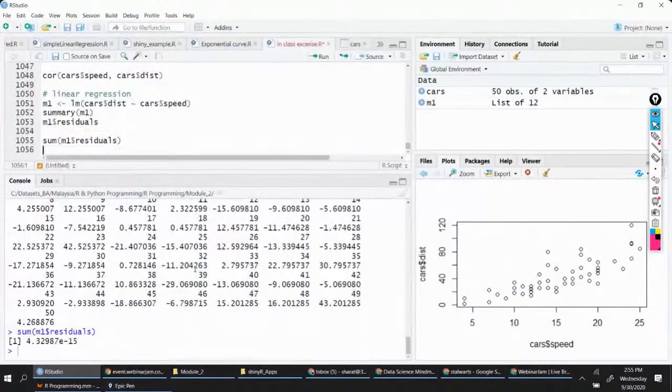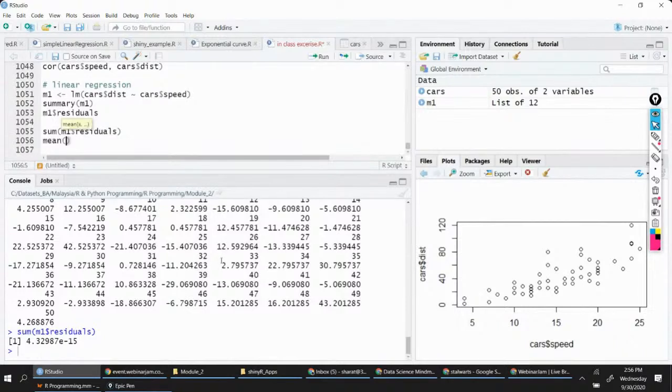What is that value? 4.32987 into e power minus 15. So what is that? 0, right? You can also check average.